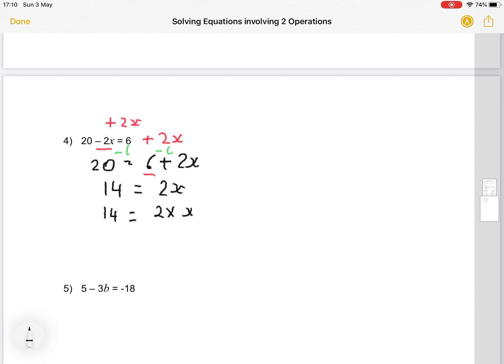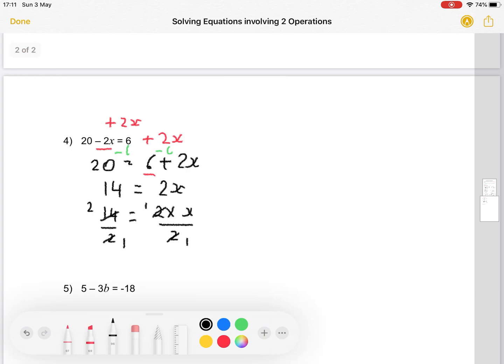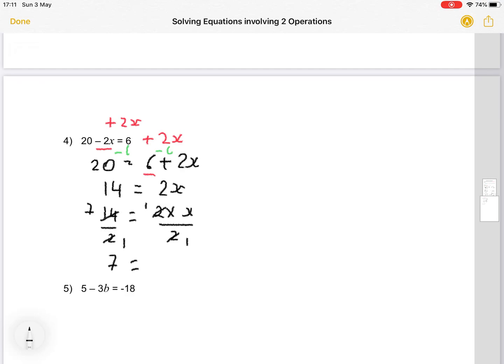To remove the times 2, we need to divide both sides by 2. I can cancel the 2 with the 14 on the left hand side and the 2 with the 2 on the right hand side. On the left hand side, I end up with 7 is equal to x, or x is equal to 7.